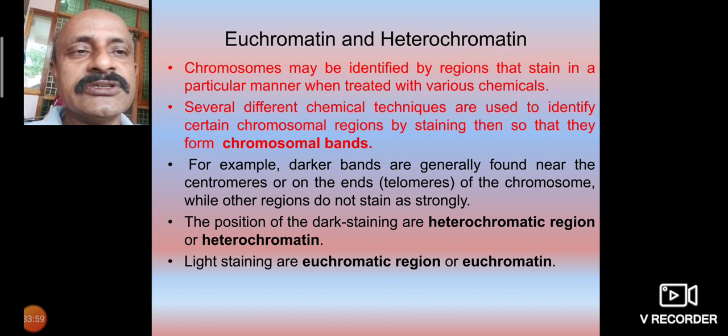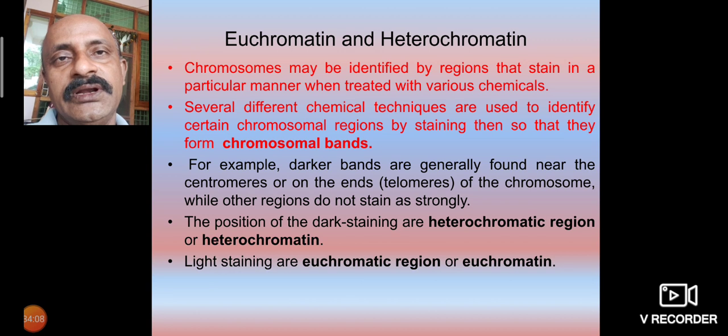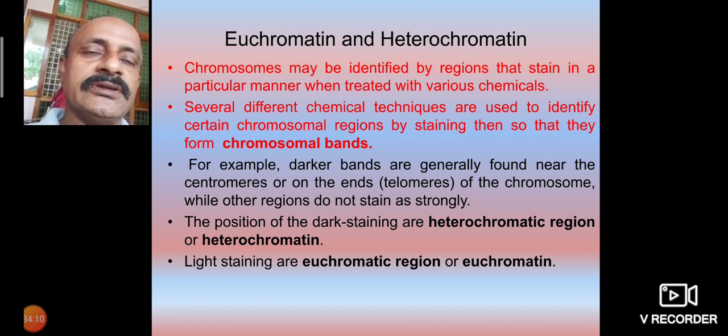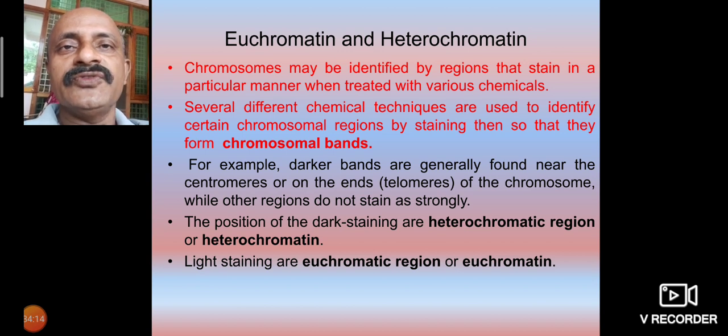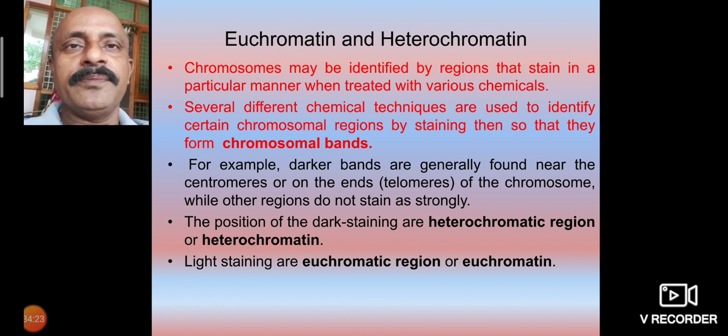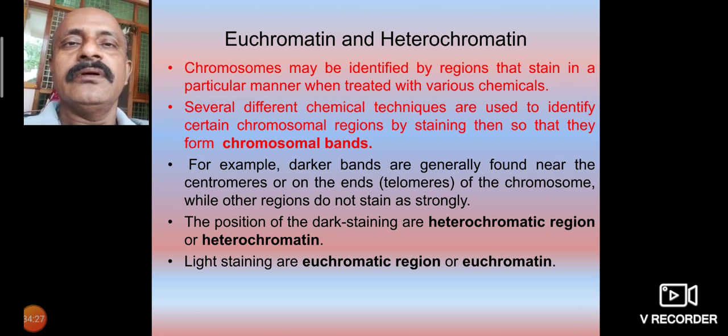The regions of dark staining are called heterochromatin. Light staining regions are called euchromatin. When chromosomes are stained near the centromere part, dark or black color patches appear. These black patches are called heterochromatin.